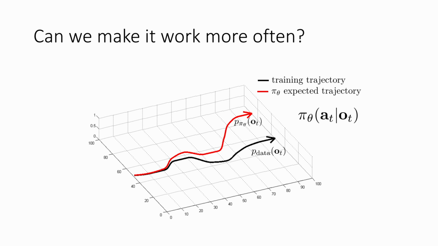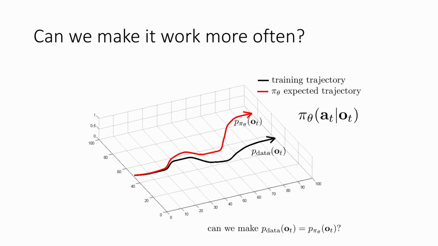They come from a distribution we're going to call P pi theta of O. Because your policy doesn't perfectly match what the human would have done, and therefore it results in different observations. How different, we don't know, but they're different because you took different actions. So the trouble, of course, is that P pi theta is not equal to P data.